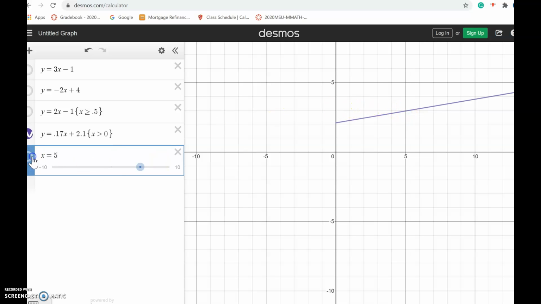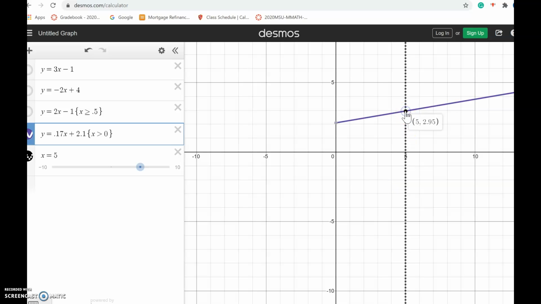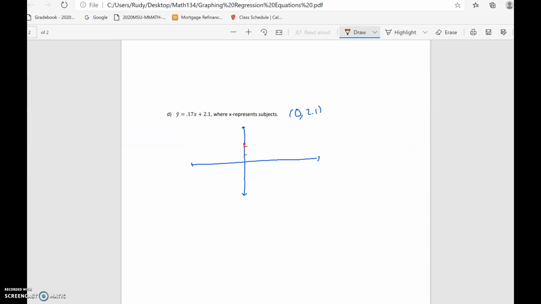And let me modify that line. I'm just going to make it dotted because it's technically not part of the graph. It's (5, 2.95). So technically 1, 2, 3, 4, 5. And I'm just going to say this is 3. So 5 around there.